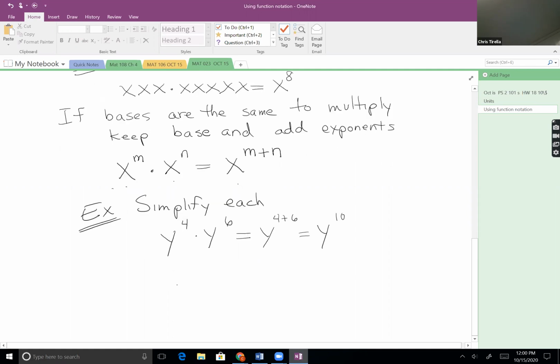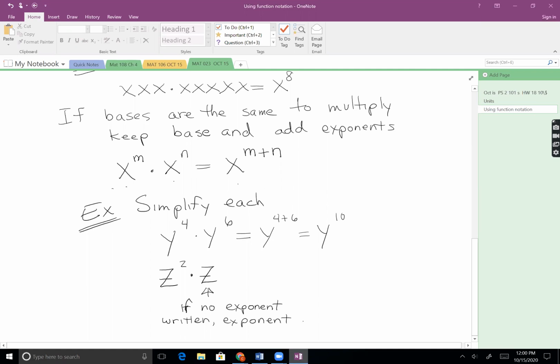What if I have z to the 2nd times z? Over here, if there's no exponent written, what's the exponent? One. And so that's saying z to the 2nd times z to the 1st. And so if I multiply 2 z's by 1 more z, wouldn't I have 3 z's altogether, z to the 1st?